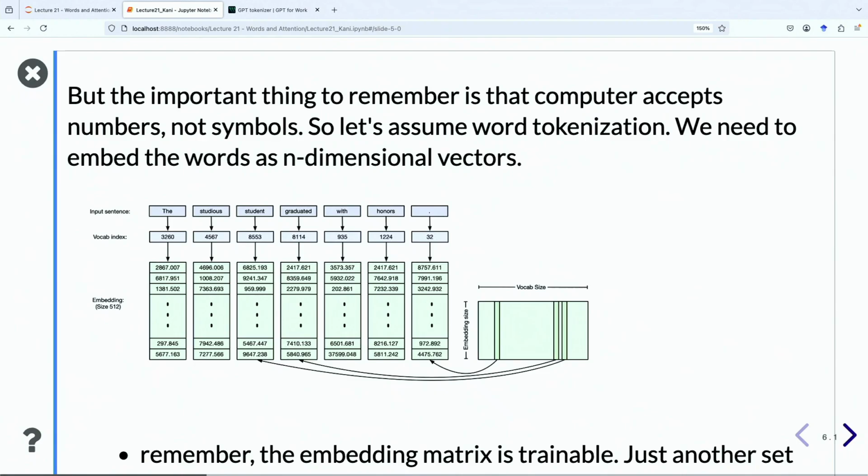As you're training the model, it's updating this embedding matrix. Once the model is trained, this embedding matrix stays consistent, although it depends on what you're doing. Sometimes you want to update the embedding matrix, sometimes you don't.